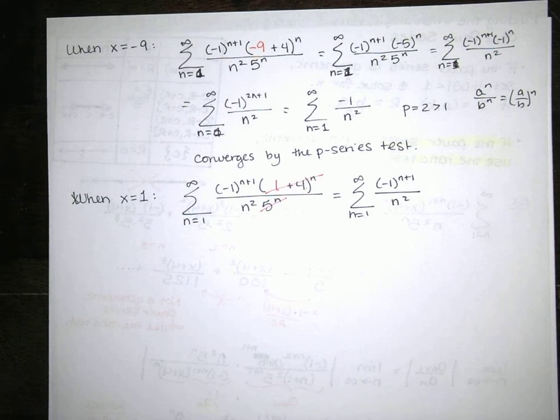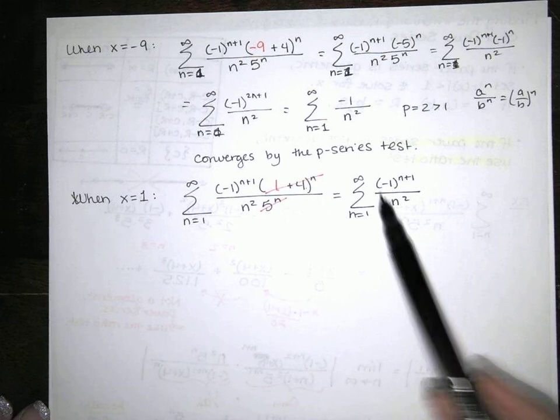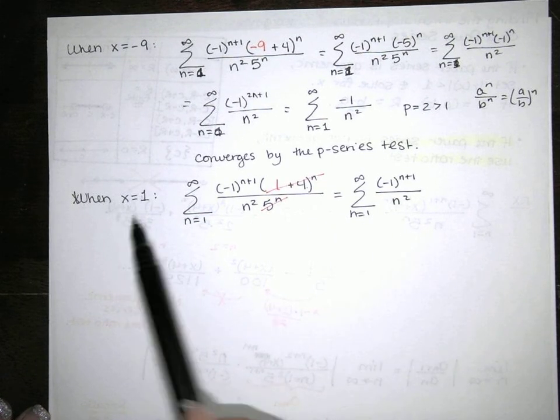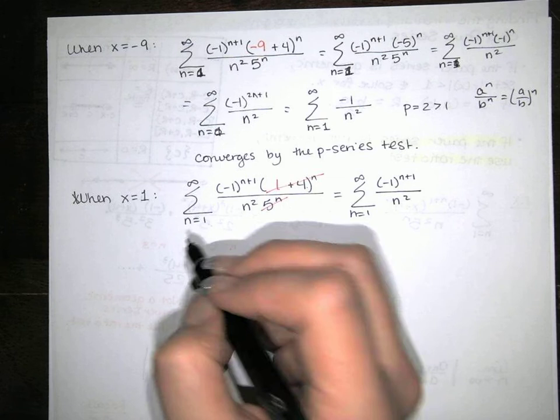You could check that out by identifying b sub n and taking the limit and showing that b sub n is decreasing and all of that. You could do that. Or you could just take the absolute value of the nth term and see that you've got a p-series that converges. So this is an absolutely convergent alternating series. So this one converges as well.